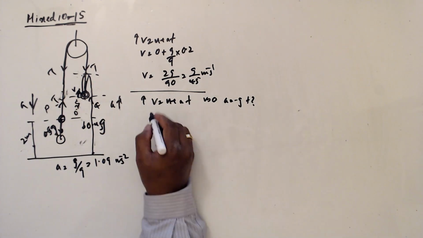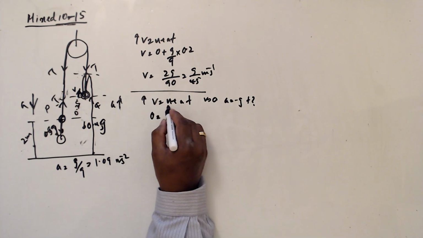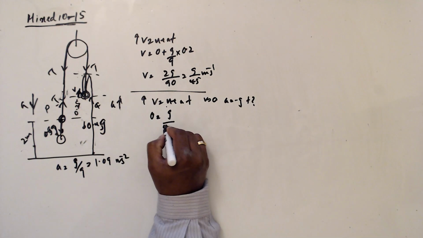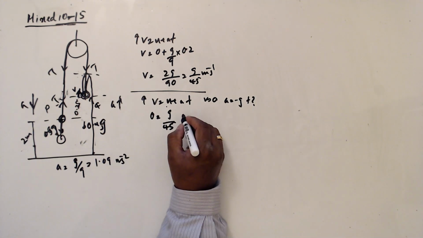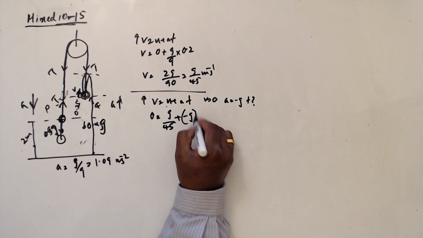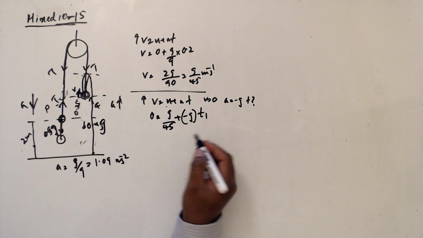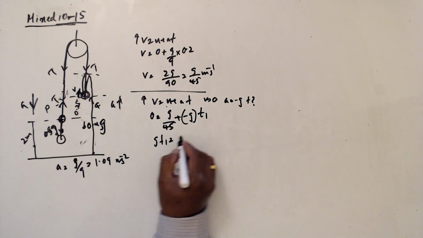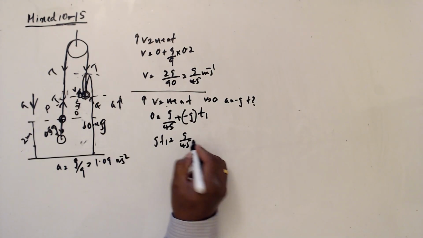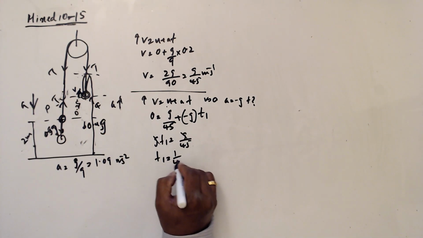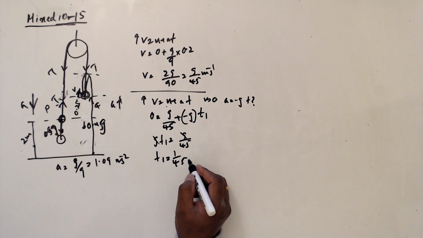So 0 equals g over 45, plus a is minus g, it is moving under gravity, times t1. So g t1 equals g over 45. So g cancels out, t1 equals 1 over 45.